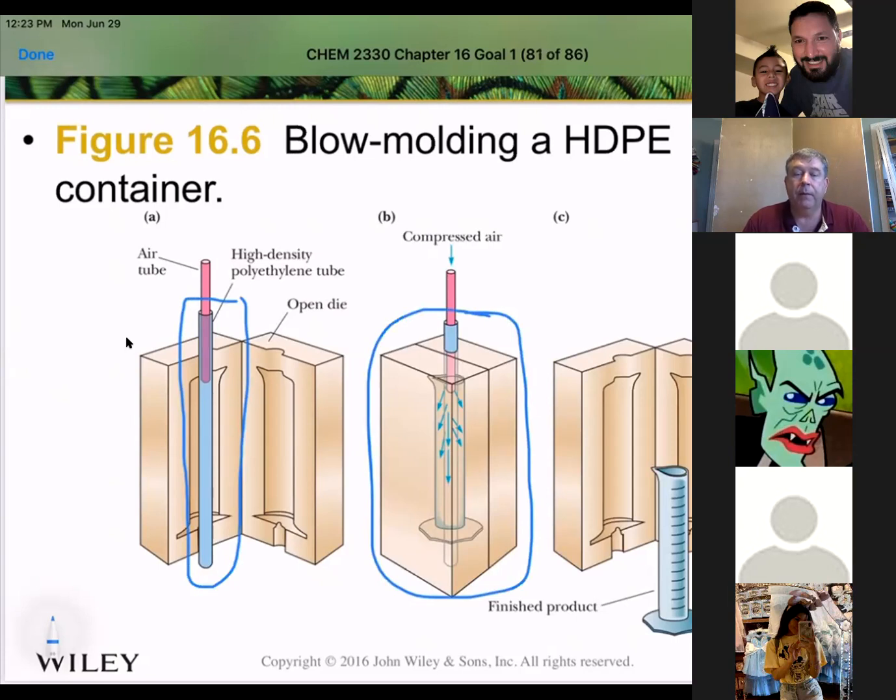What the air pressure does is blow the polymer to the outside mold. The mold immediately cools it and sucks away all that heat, and then you have your nice solid finished product out of there. This is a different way of processing things than any other way in chemistry. It's these two ways of using heat and air to change the shape of these polymers.